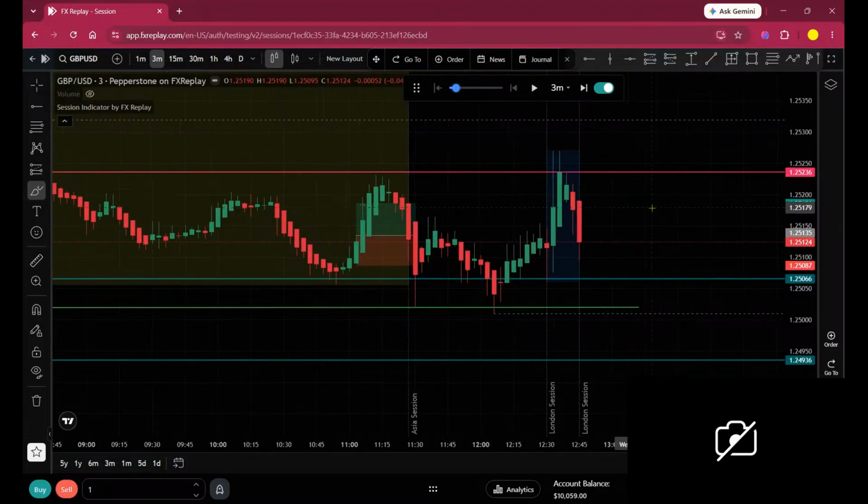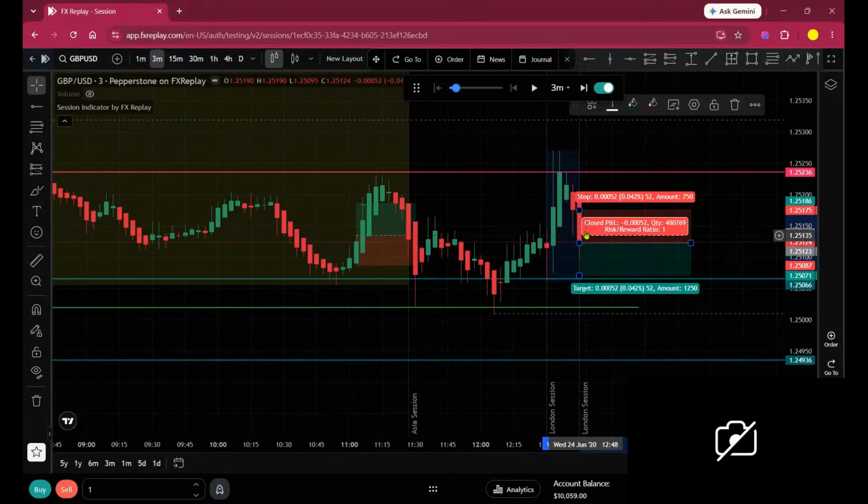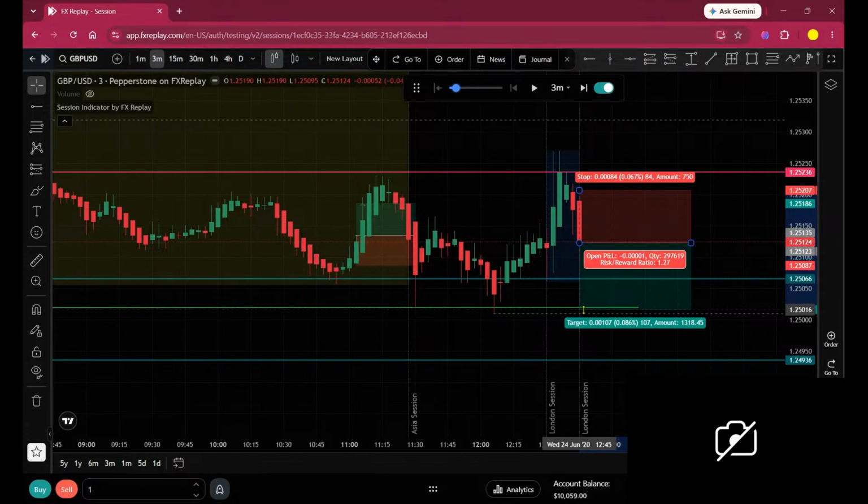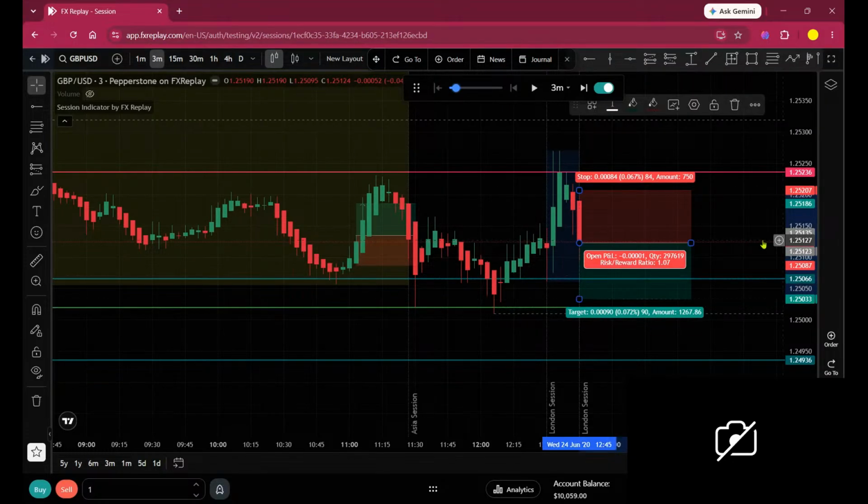If you want to go for the sell side from here, you can go, but in this case your SL will be a bit higher. Like if you're taking a trade here, then your SL will be around this, and then you want the target up to here.